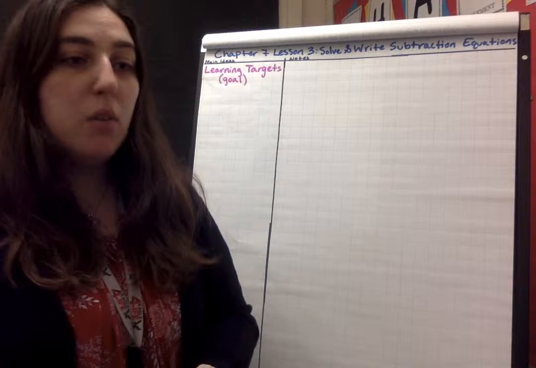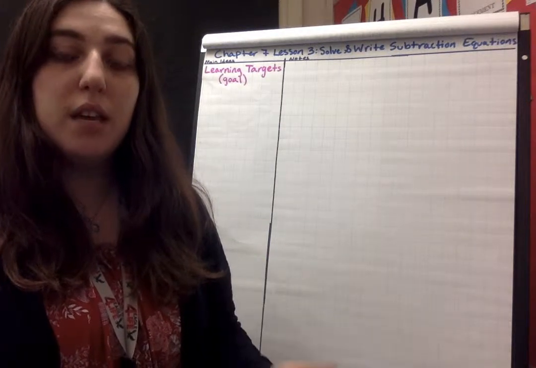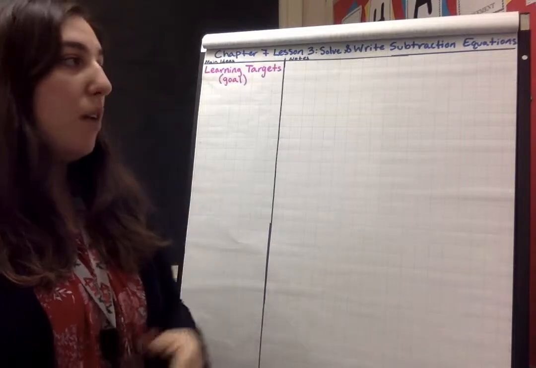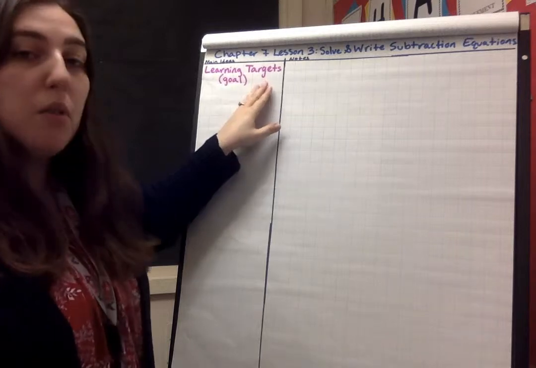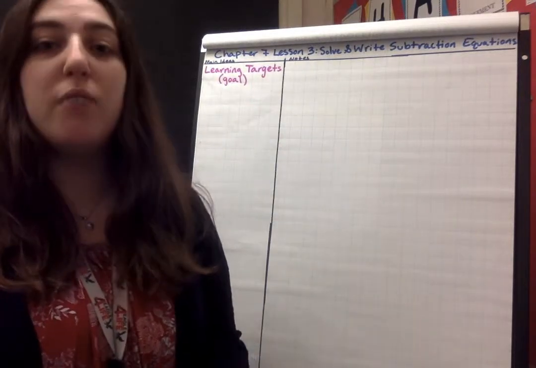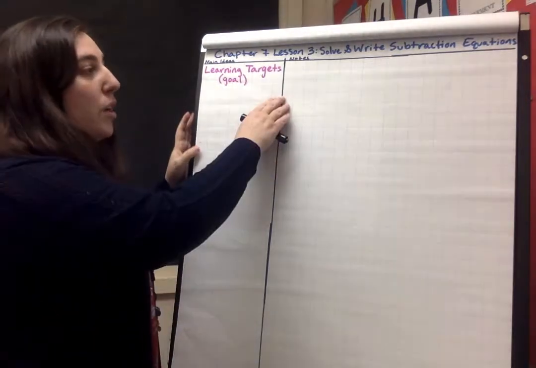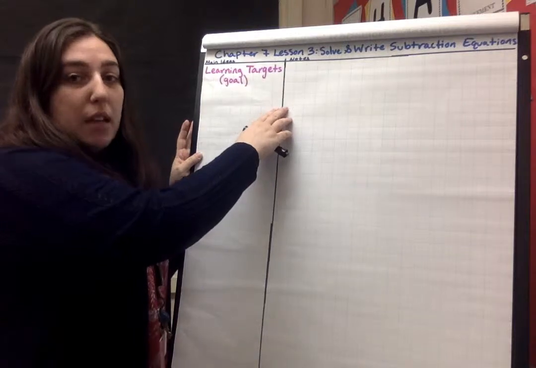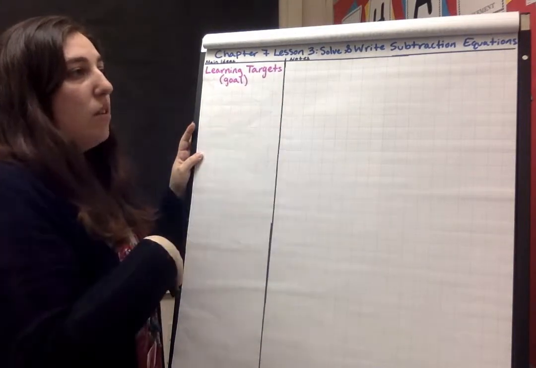And don't worry about it being word for word. Think about what you understand from the learning target and what you think it means. So just over here, once again, write what you think our learning targets for the day is. If you need to glance at the whiteboard in the front, feel free to do so. Okay. And then we are going to reflect on this at the end of the lesson as well. So make sure you have this written down.